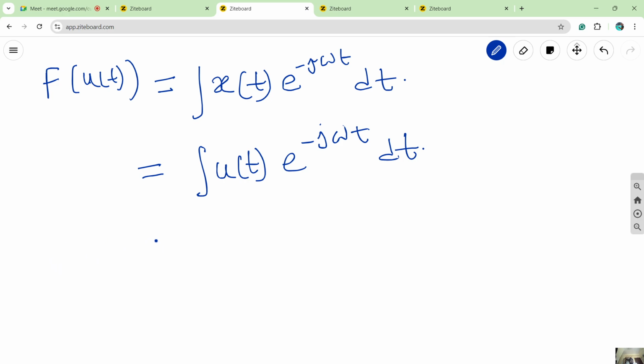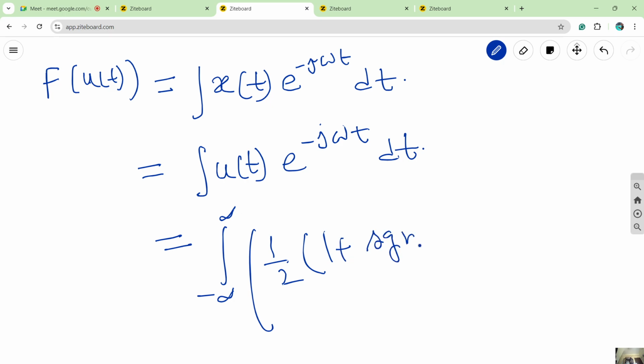So from here we can write it as the integral from minus infinity to infinity of half of 1 plus signum function, times e to the power minus j omega t dt.